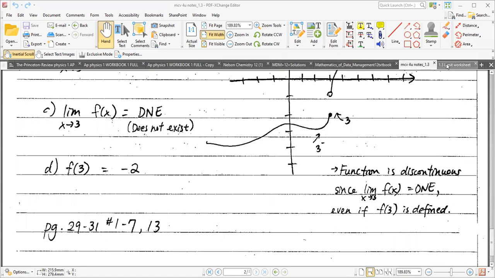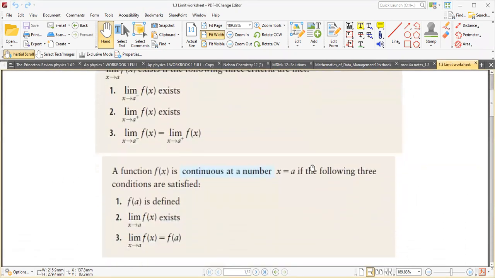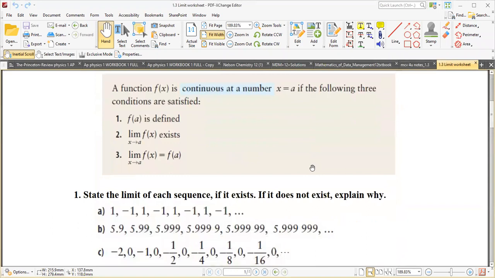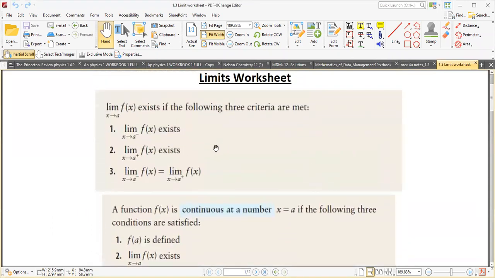So this is the worksheet that you have. You need to do this. This is the definition. Limit exists if the following criteria is met. Limit from right and limit from the left exist, and limit from the right and left are the same.